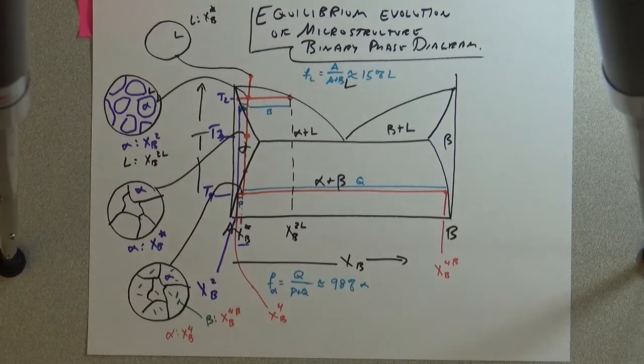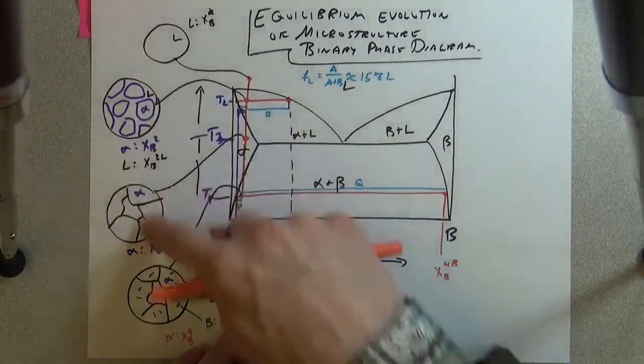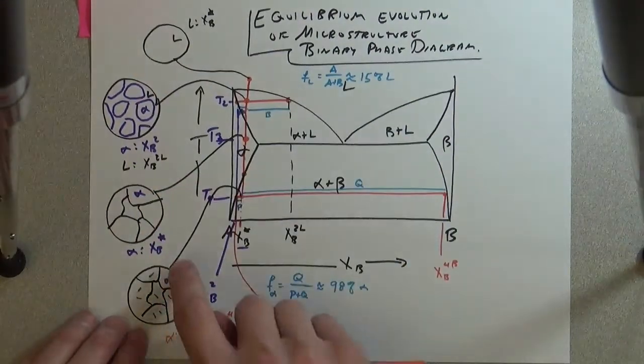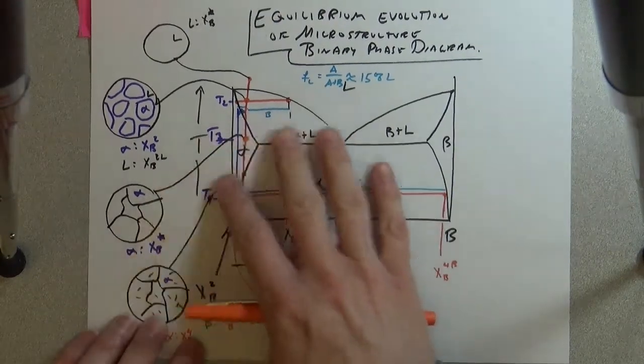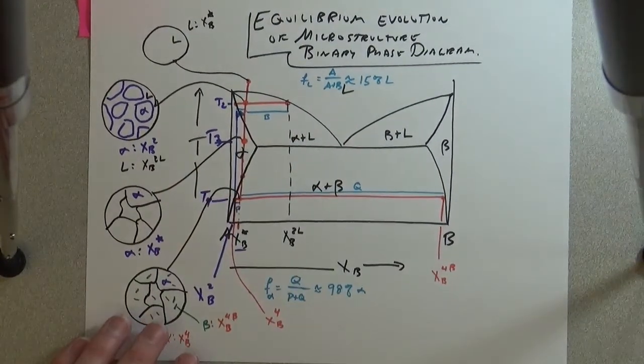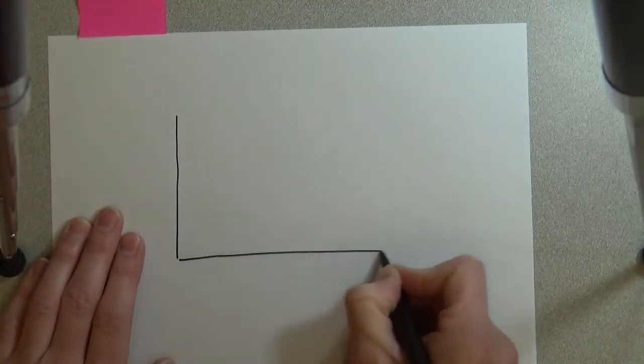And again, the exact morphologies and grain size and nucleation distribution, we can't get that from the phase diagram, but qualitatively we know how it should look, and we know what the compositions and the phase fractions should be, assuming an equilibrium distribution. But there's other regions in this phase diagram that we can also look at. So let's draw another one of these.